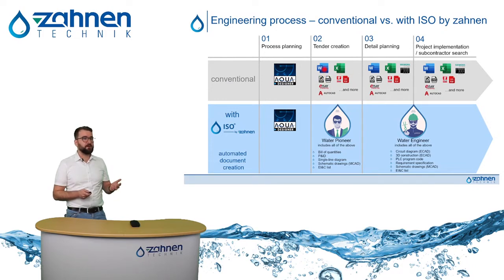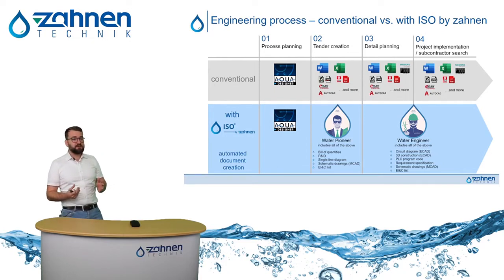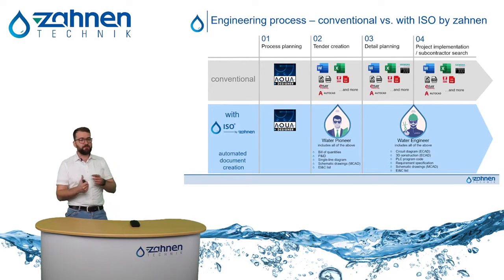So you have Microsoft Office documents, you have PDFs, you have ePlan data, you have AutoCAD data, DWGs, and so on, and many more. And in a conventional process, you don't have versionizing.